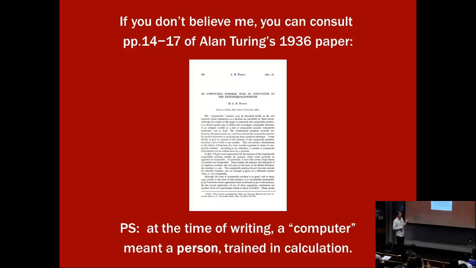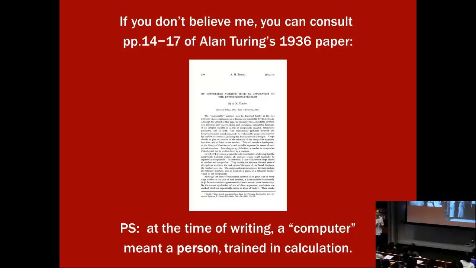In 1936, there were no electronic computers. And in fact, at the time, if you said computer, they would say, oh yeah, you mean a person. That was the definition of computer back then, a person who was trained in following calculational directions. These are some pictures of computers from Turing's time. You'll notice they were essentially all women.